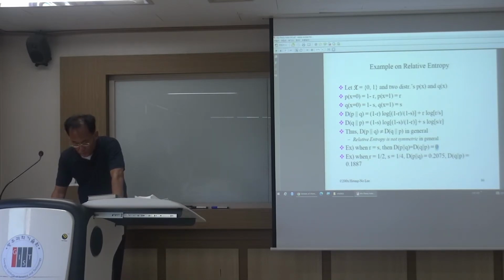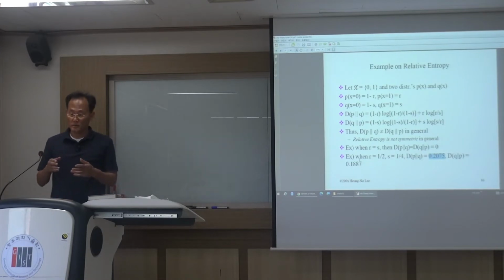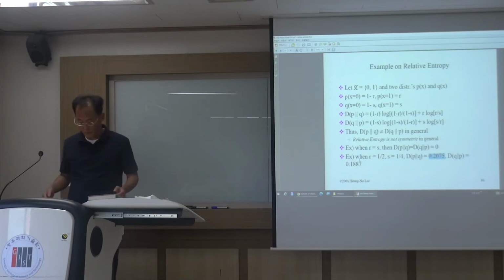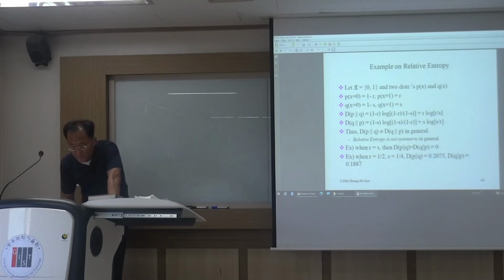And then when you use particular parameters, let's say r is equal to half, s is equal to quarter, then D(P||Q), if you use this formula and the calculator, you will get 0.2075. And D(Q||P) is 0.1887. So basically, order in the argument matters in relative entropy. That's the message here. Okay. All right. It's obvious.